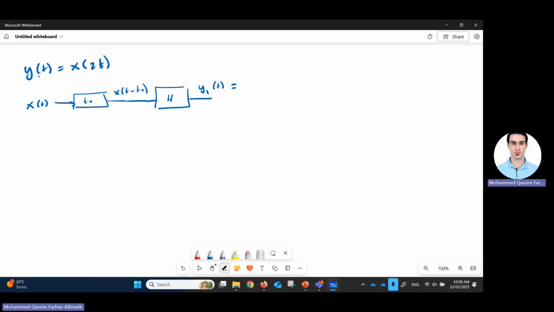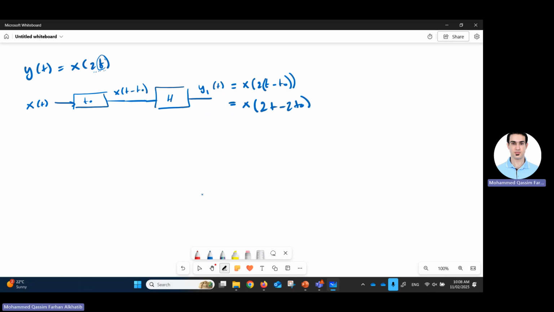Look here, in y of t, whatever is inside, t here will be doubled. So it's going to be x of 2t minus t naught. I shifted, then I shrank. So that's going to be equal to x of 2t minus 2t naught.